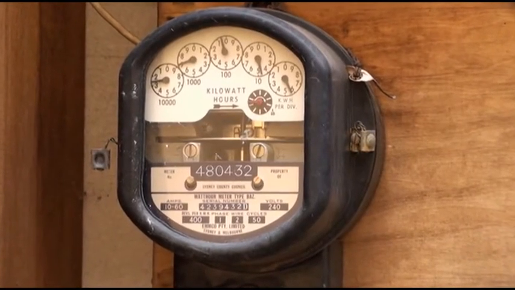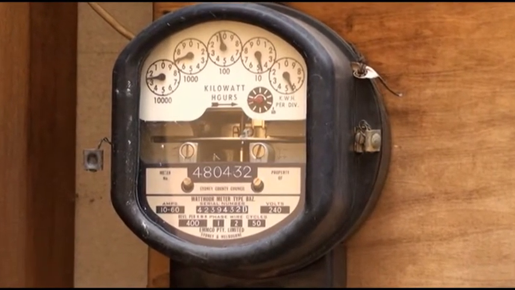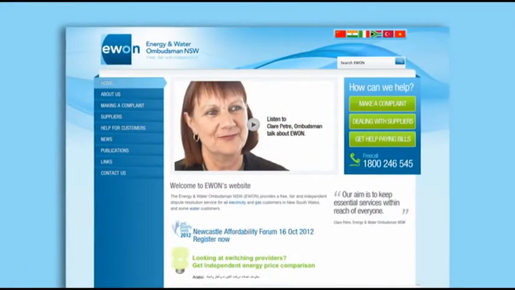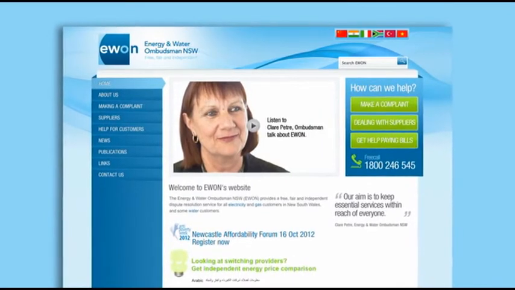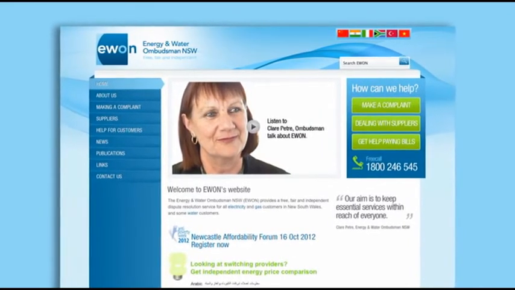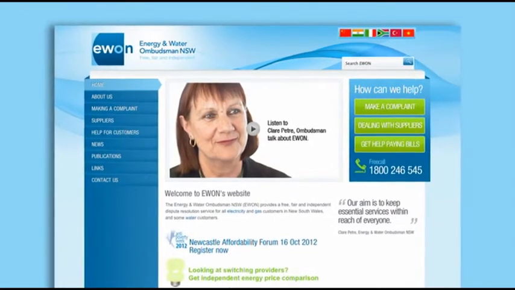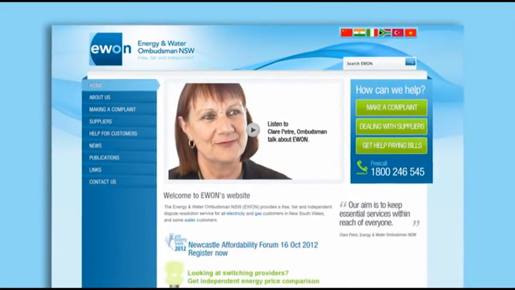If not, you cannot be charged for the supply. Contact the Energy and Water Ombudsman New South Wales if you have problems with your gas and electricity bills or a dispute with the utilities provider.